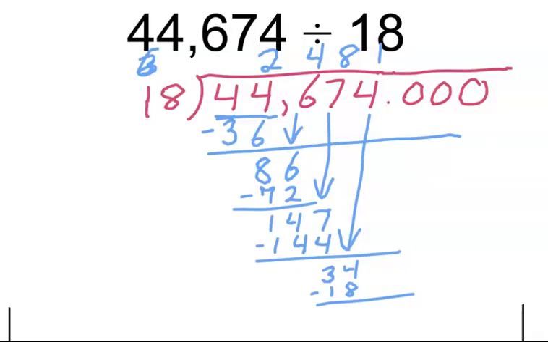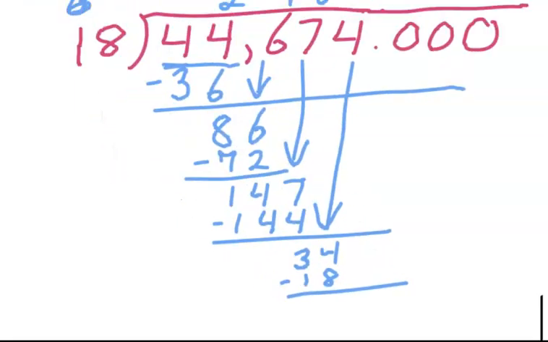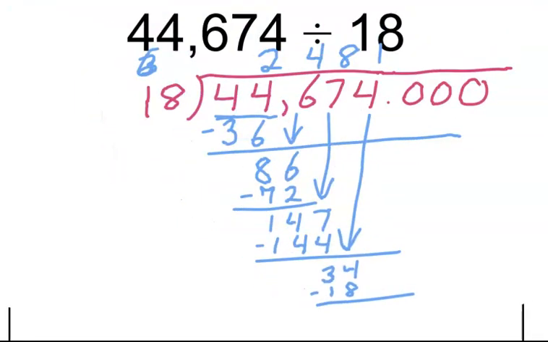So if we do 34 minus 18, that will give us a 6 here and a 1 right here because we're going to be borrowing that. Okay, so 14 minus 8 is 6. Okay, so then we'll bring down a 0.